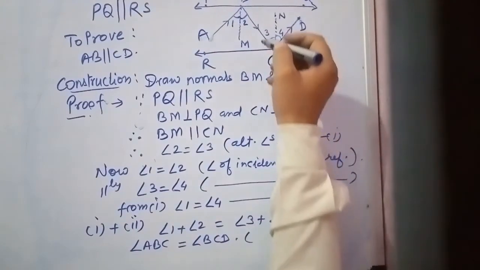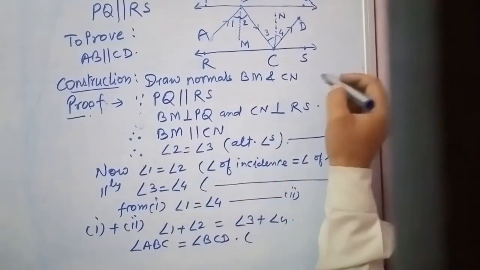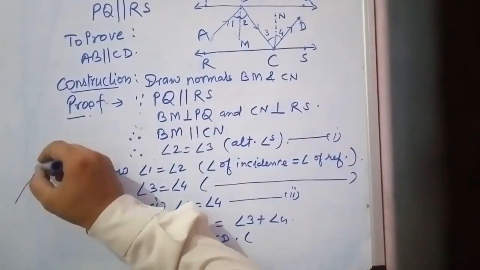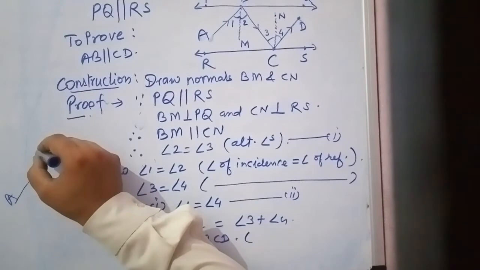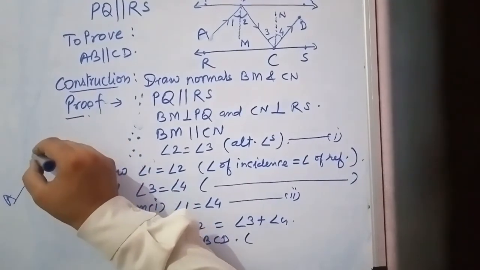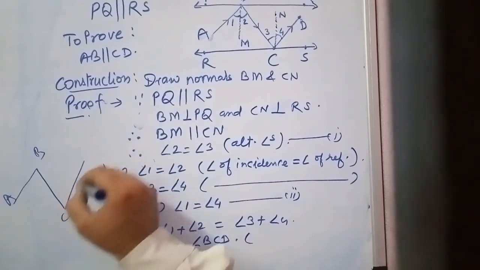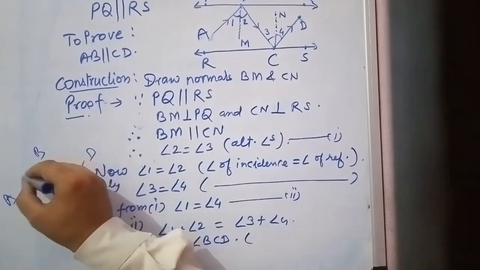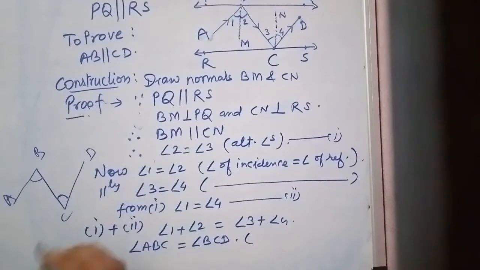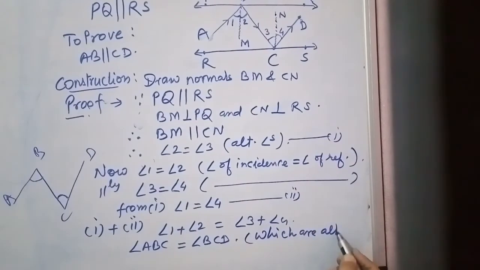Like this figure, A, B, C and D. So this complete angle equals this, and these are alternate angles.